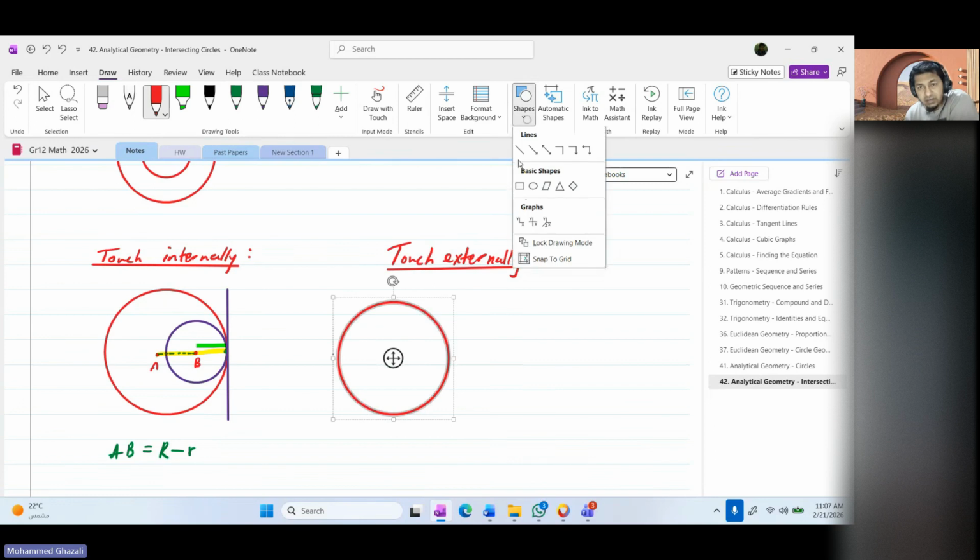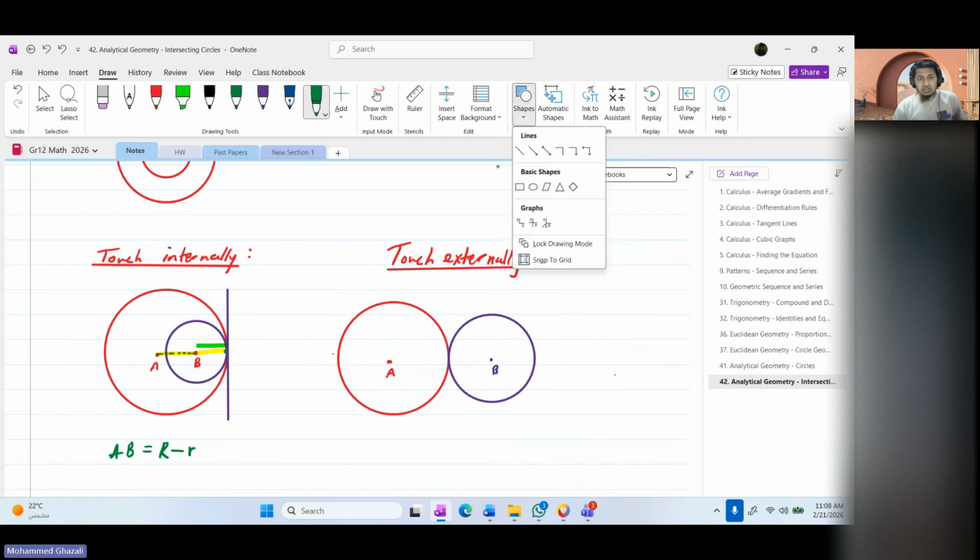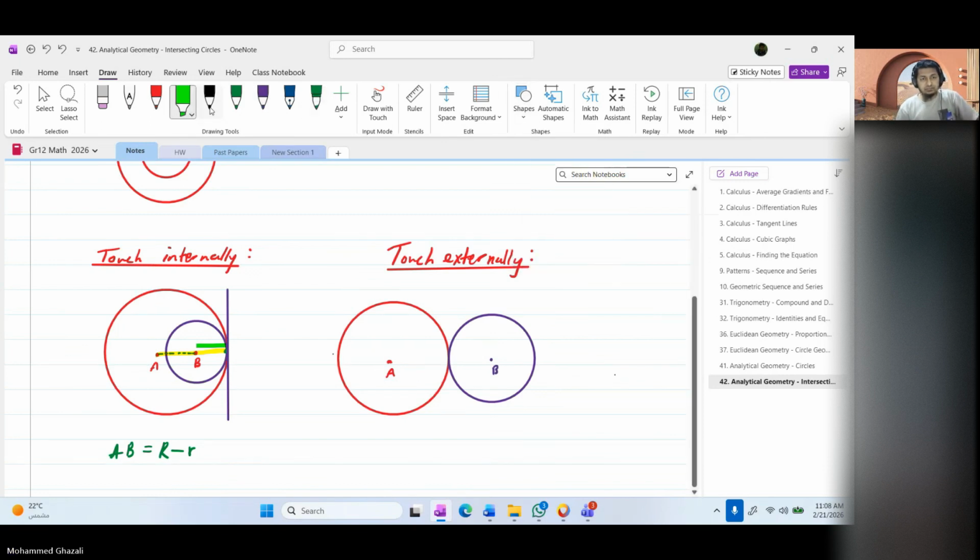So we have a capital R, and externally is quite simple to see. This is center A, and the next one is center B. The distance between the centers is AB.